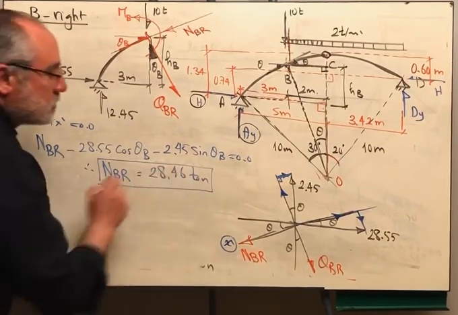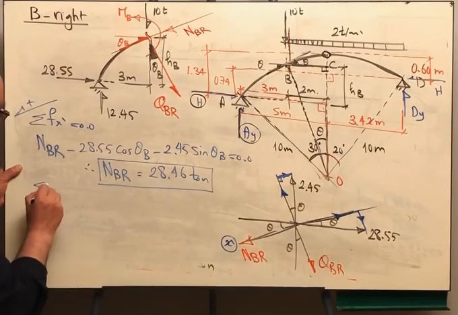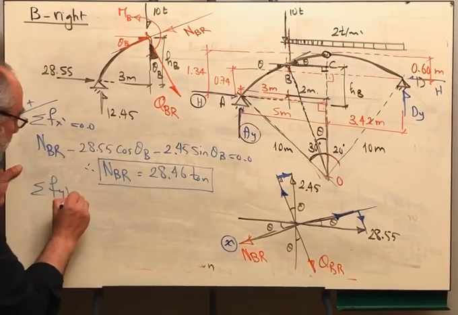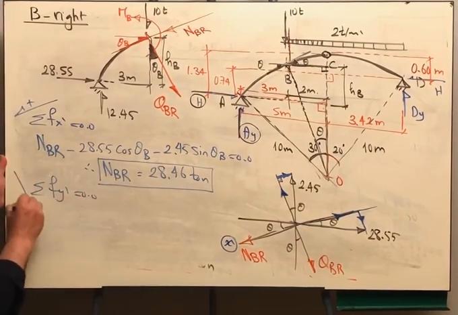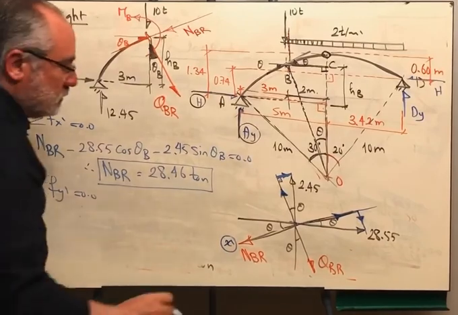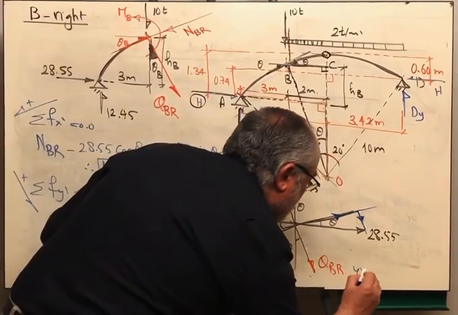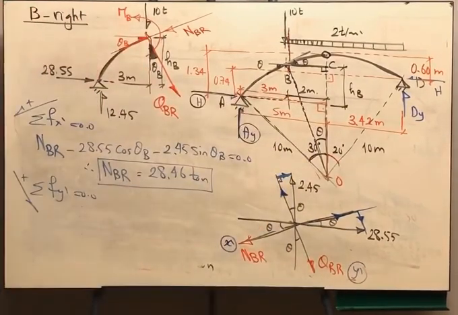So the other component, the shear, sigma Fy prime is equal to 0. I will take this the positive direction. So this is the direction of the y prime.